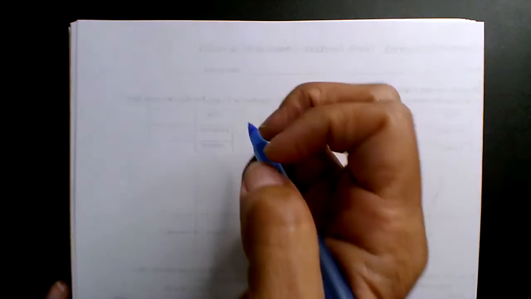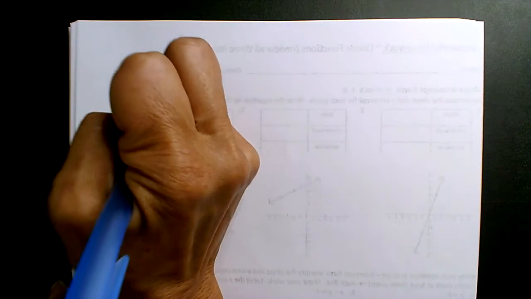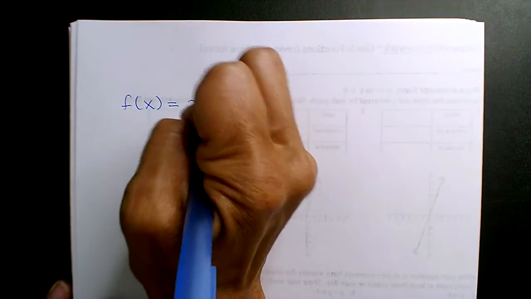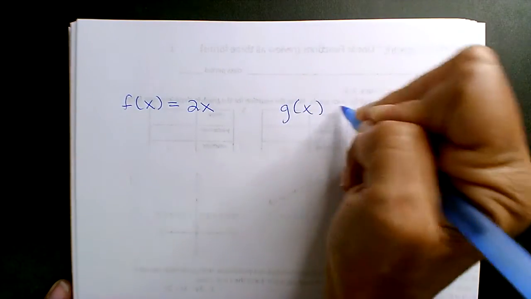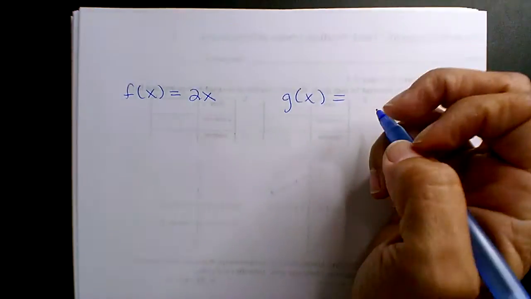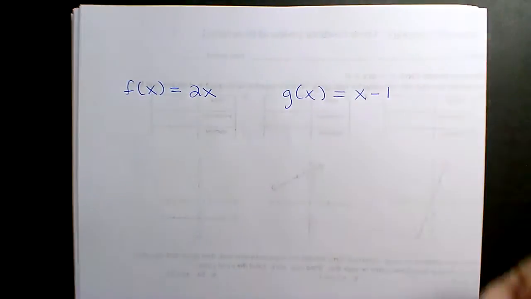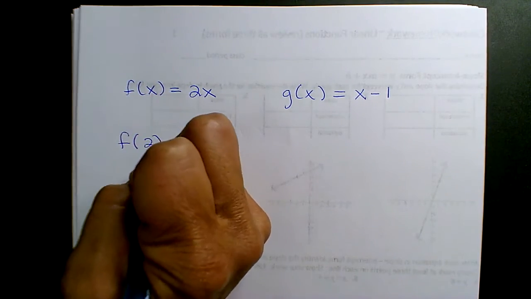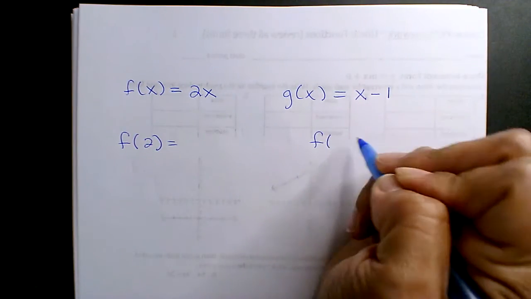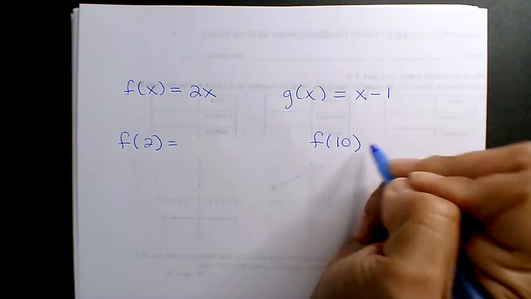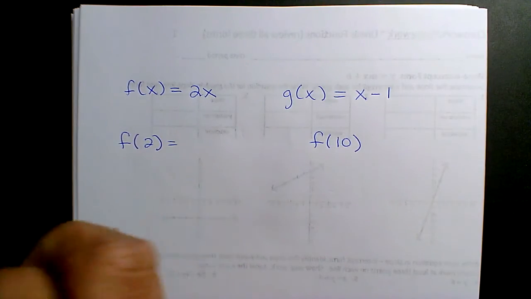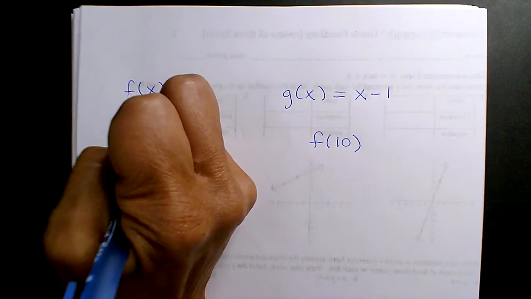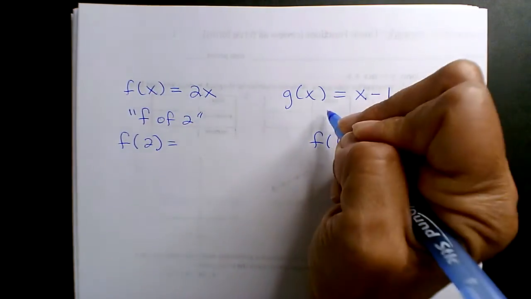It helps designate, okay? So if you have f of x is equal to, say, 2x, and say you have g of x is equal to x minus 1, and this is not on the worksheet, by the way, and I tell you f of 2, and then I tell you f of, say, 10, it's read f of 2.